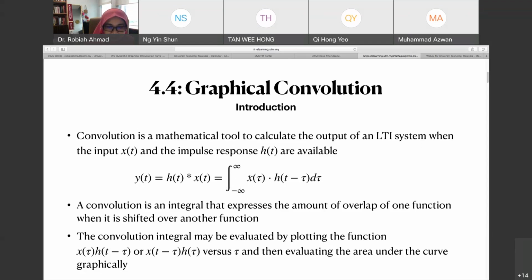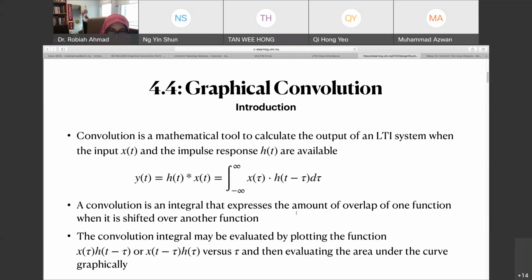Based on the 4 steps that we discussed earlier, we first convert the signals, replacing t with tau, and then one of the signals has to go through the shifting and reversal transformation, and we integrate it with d tau.